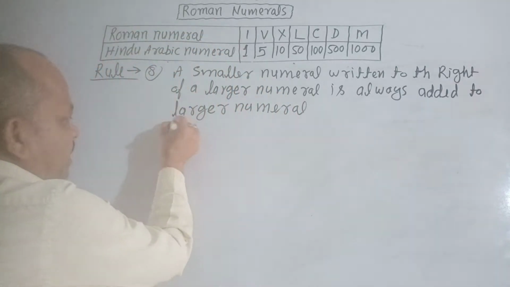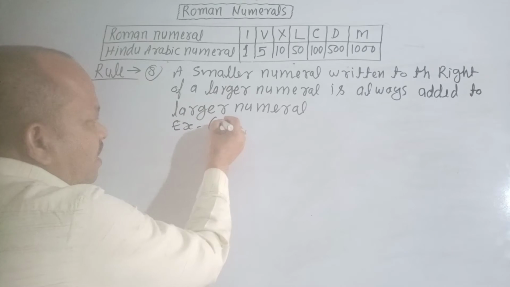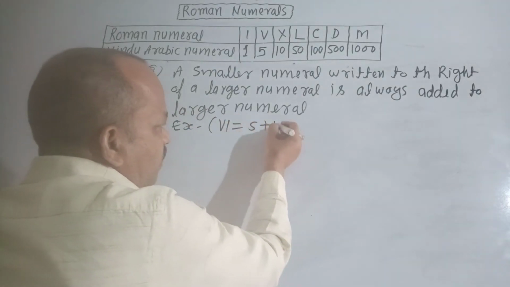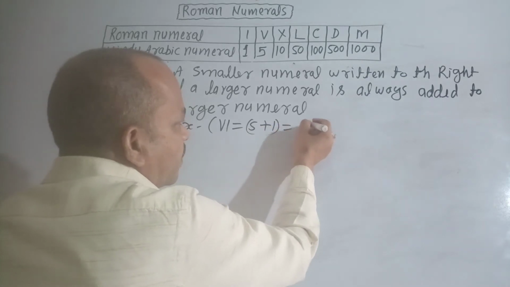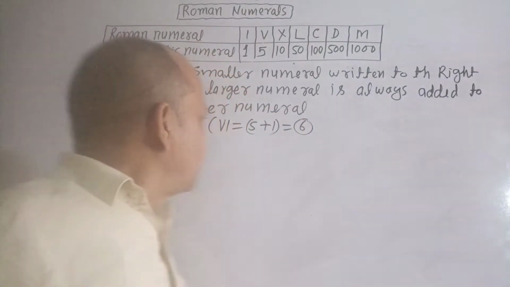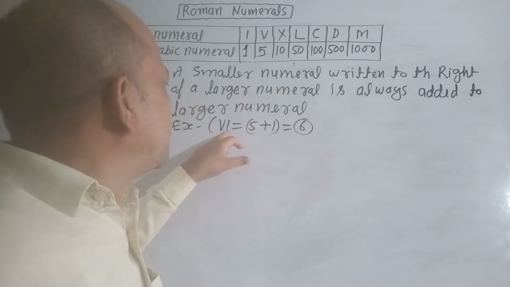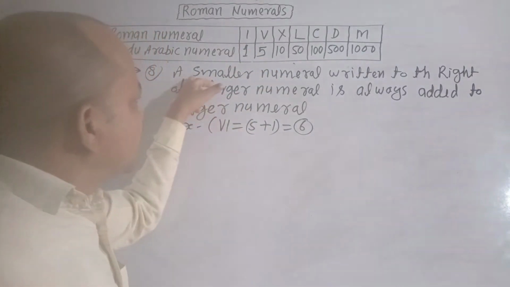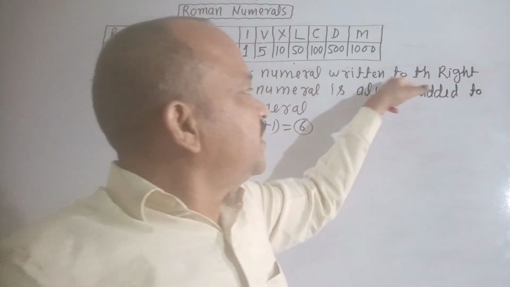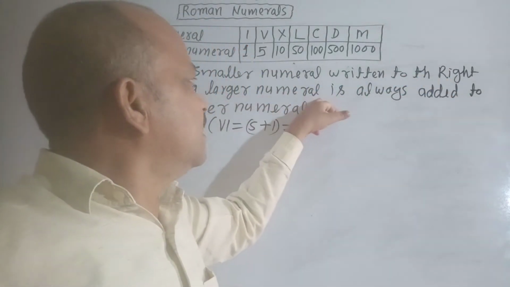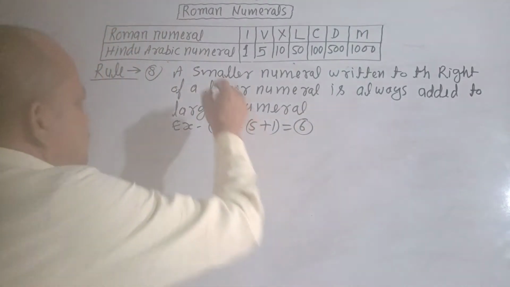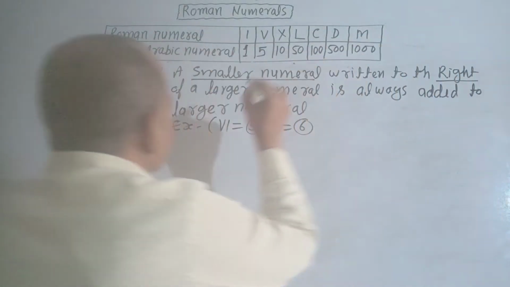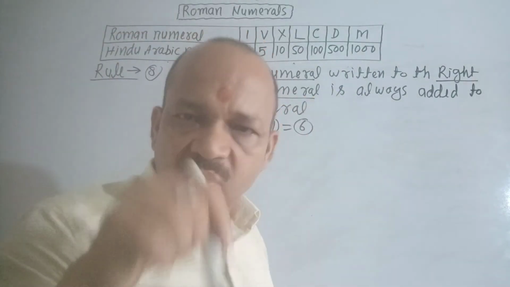VI. Example. VI equal to 5 plus 1 equal to 6. Here the value of V is 5. Value of I is 1. VI. Here a smaller numeral is written to the right of a larger numeral.